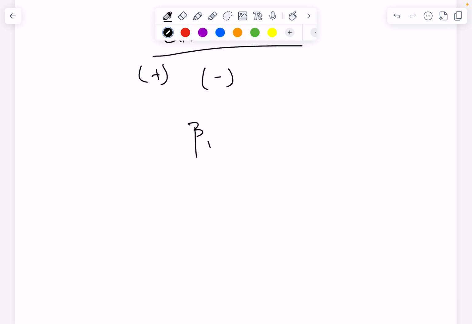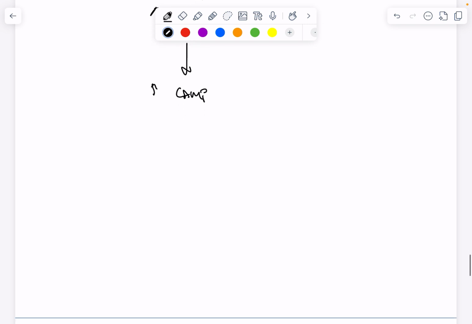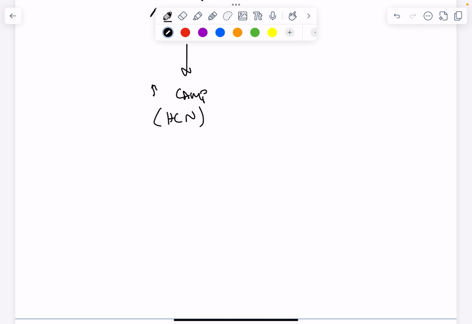These are going to bind, increase adenylyl cyclase, which is going to increase cAMP, which is going to affect the funny channels, which is going to lead to an increase in sodium.